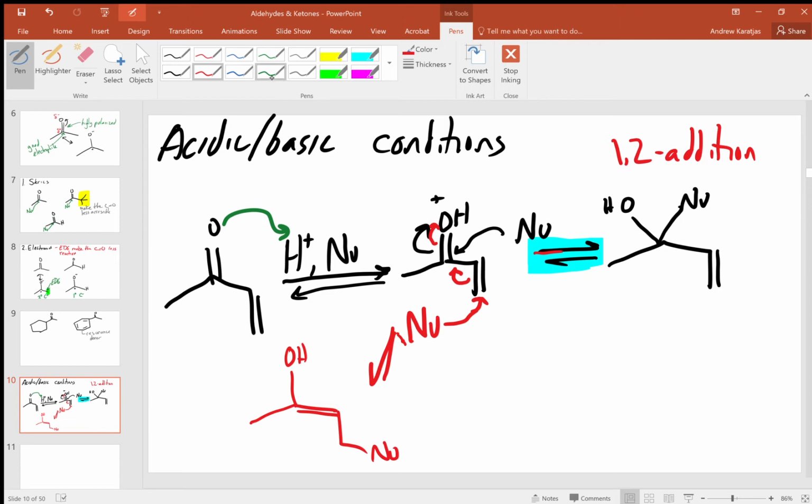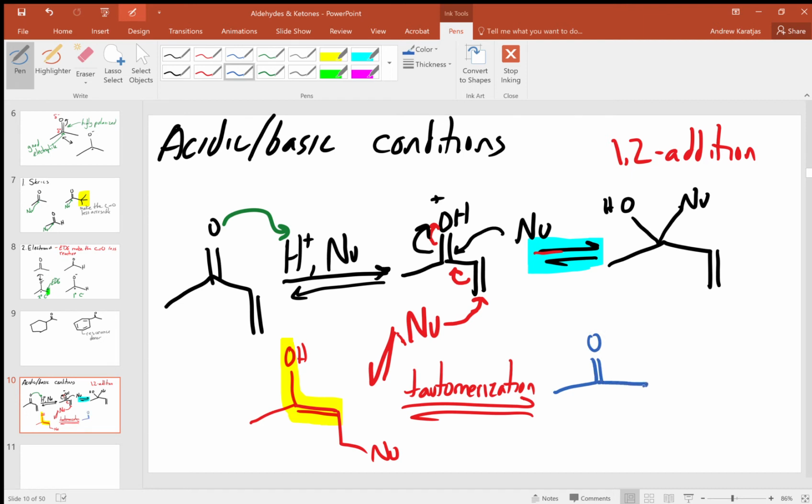And then from here, this undergoes a process known as tautomerization. And you may recall from the section on alkynes, this group here, known as an enol, under acidic or basic conditions is able to very easily undergo this conversion back to the carbonyl.